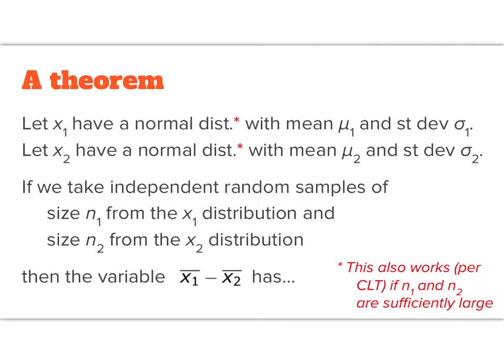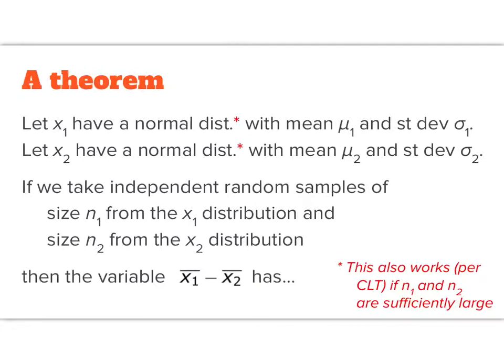First, we have some theorizing to do here, since we are working with the comparison of two distributions and two sample means, and two population means for that matter. Instead of calling them x and x, which would be confusing, we're going to call them x1 and x2.